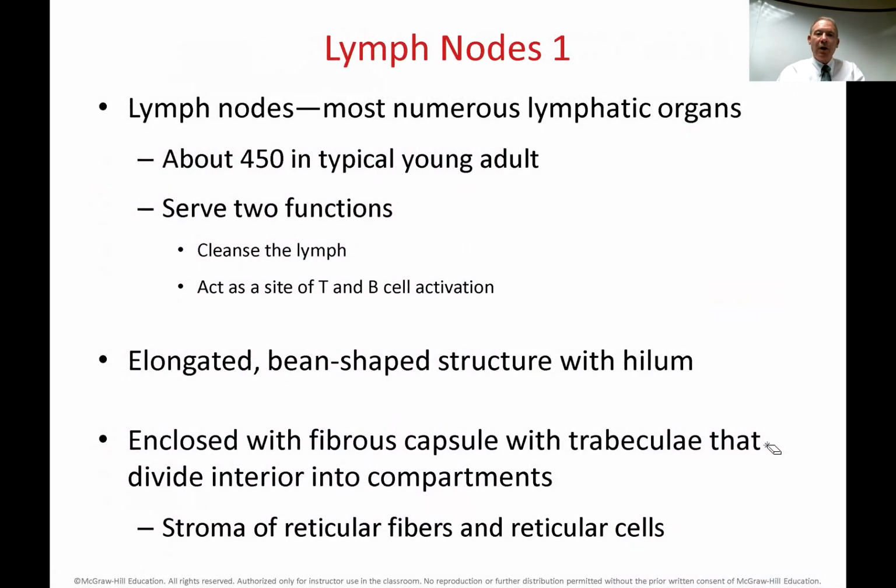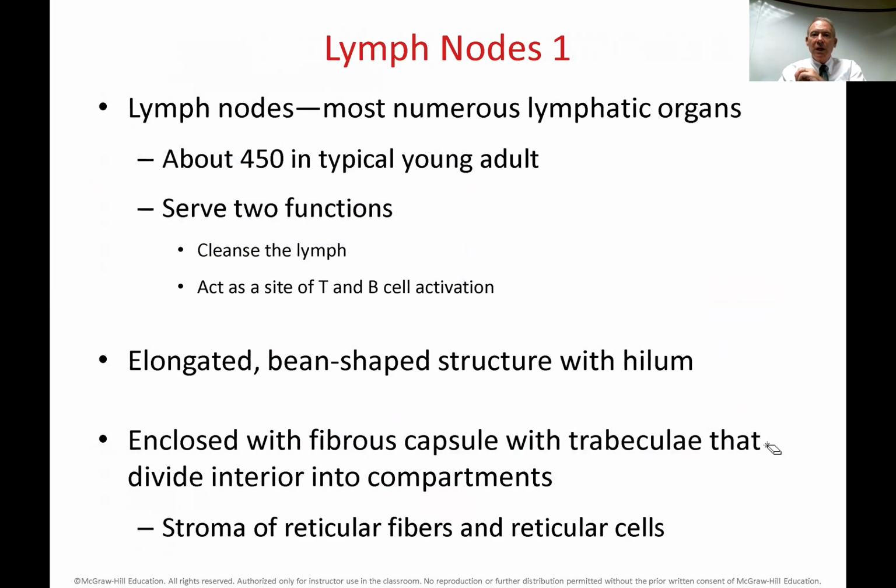Okay. Lymph nodes, your so-called glands. By far, in terms of number, they're the most numerous lymphatic organs. About 500 per person. They do two things. One is they cleanse the lymph. What's the lymph?